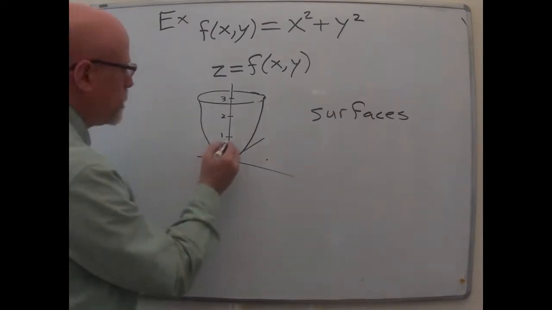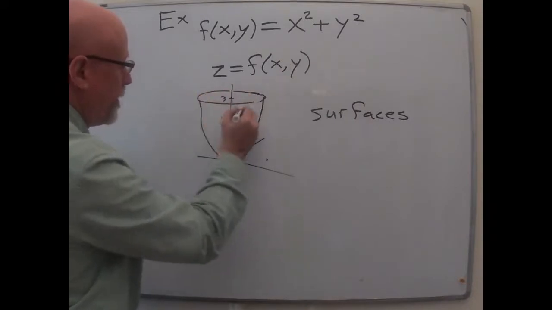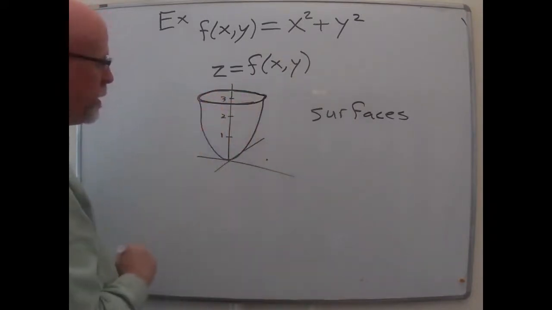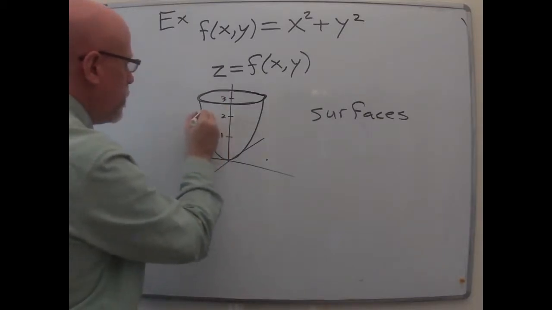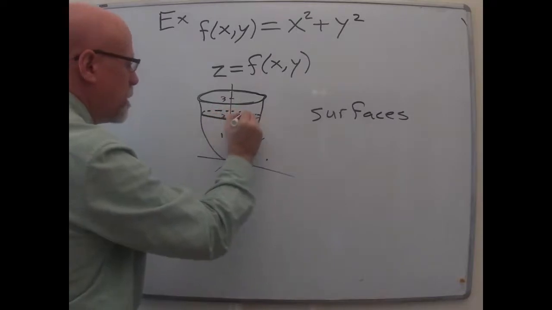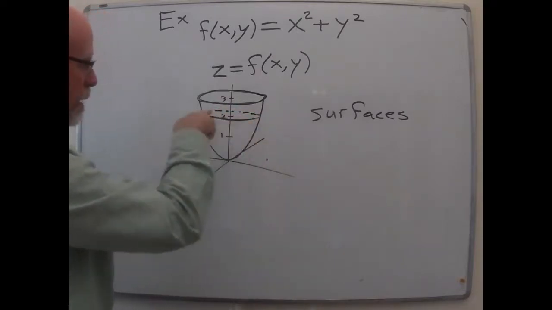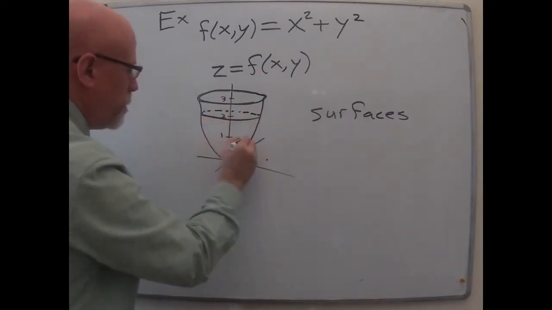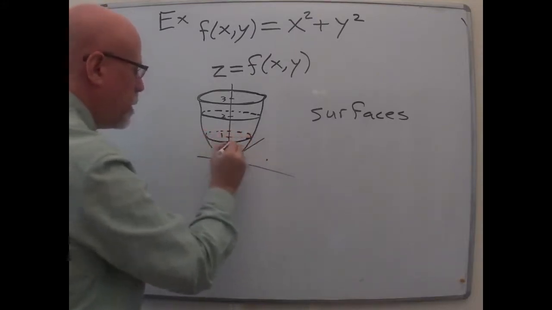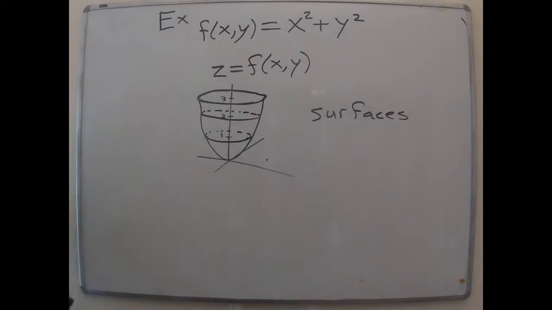Well, this circle that I drew at the top is the slice at height 3. There's another circle back there at height 2, and then there's a really smallish circle here at height 1. Well, smaller than the other two.